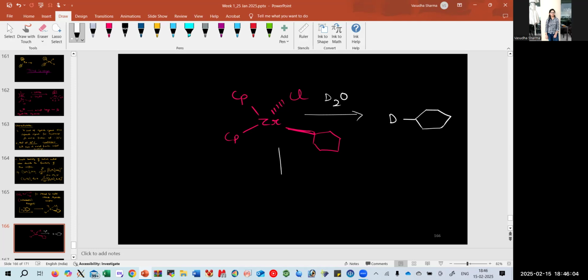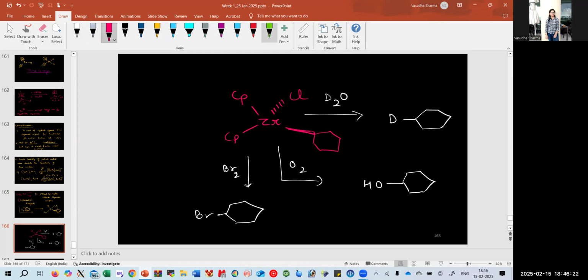When it is being treated with oxygen, it would form cyclohexyl alcohol, followed by treatment with bromine to form bromocyclohexane. And this bromocyclohexane, when it is being treated with, it would release zirconium, Cp, Cp.